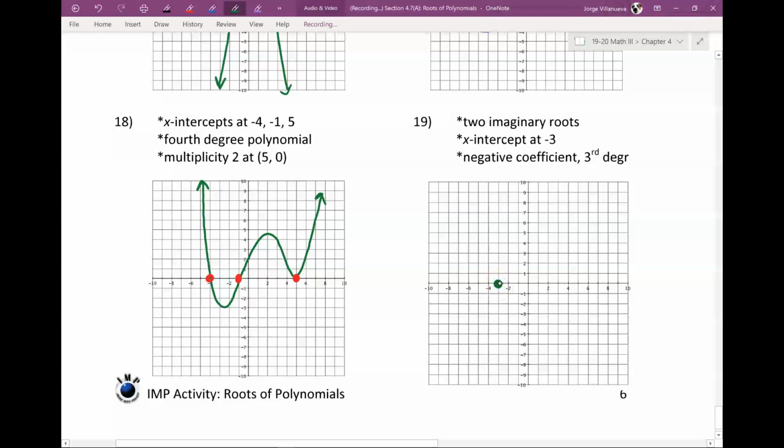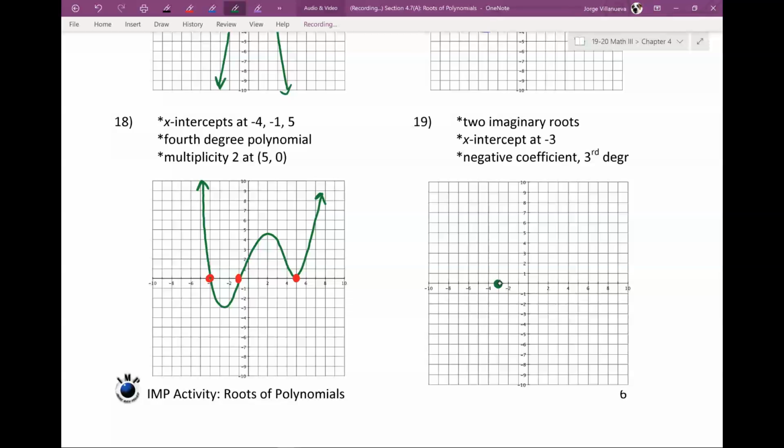It's a negative coefficient. It has 2 imaginary roots, 1 real, so my degree is 3, right? So degree of 3, it has a negative coefficient. So if it's an odd degree and it's negative, that means you start top left and you go bottom right.